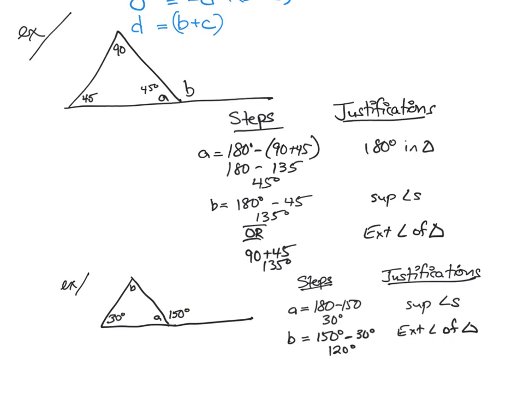So you could absolutely still do it using 180 degrees in a triangle now that you found A, but you just want to have as many tools as you can in your toolbox for when you're solving greater complexity problems, and they're going to be ones that are harder than this, so the more things you have, the easier it'll be for you.